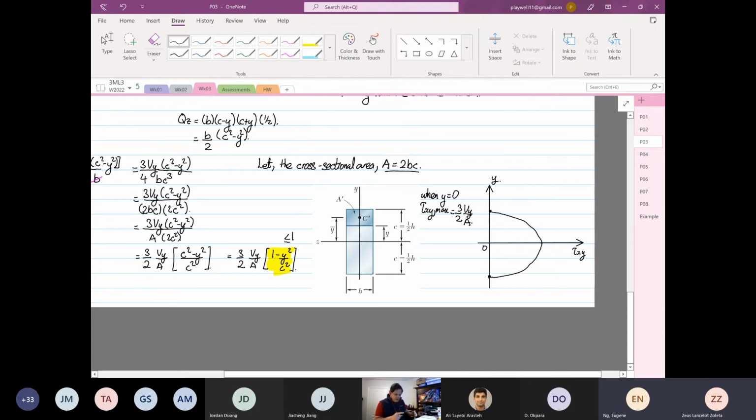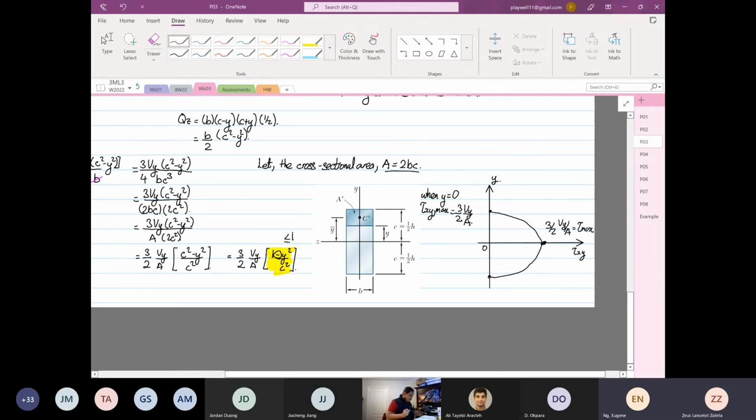Why is it a parabola? Because the coefficient of the y squared has a minus. This value over here is 3/2 Vy over A, and this is your tau max.